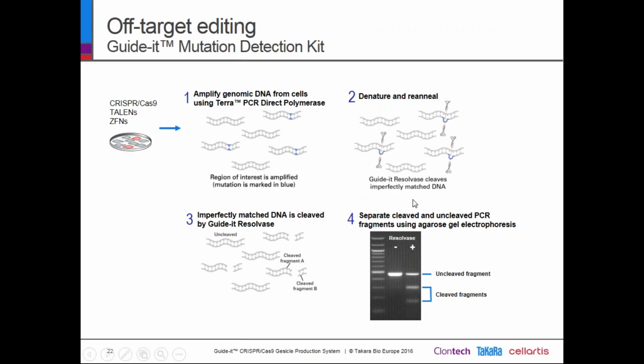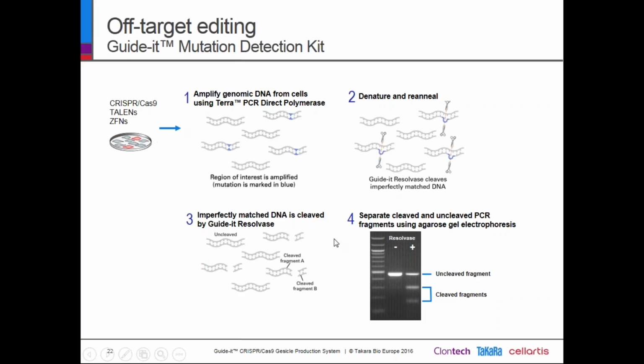The enzyme, the guided resolvase, which is included in our kit, will specifically cleave mismatched DNA. So you will just denature and re-anneal your DNA, and this will scramble all the molecules, and some mutated molecules will anneal with the wild type, and this will create mismatches.